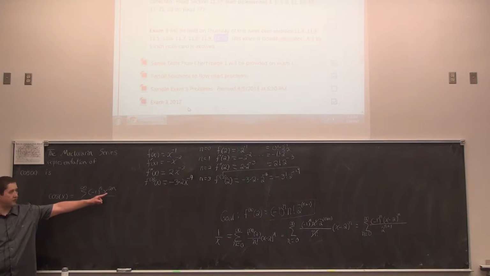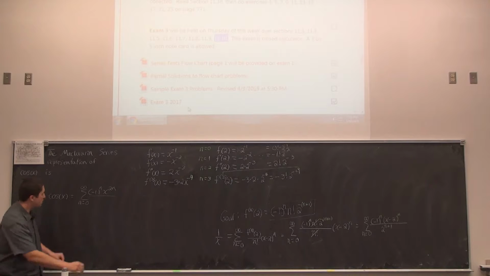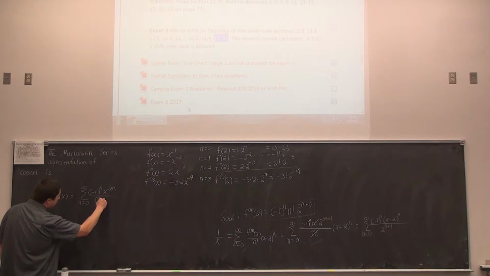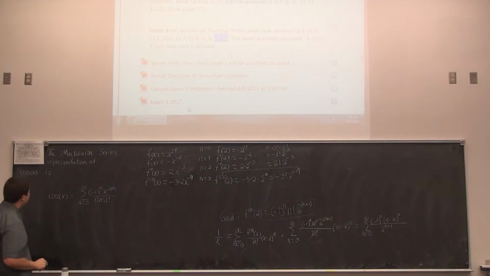That's a good way to memorize this set of formulas by putting in 2n, which is always even, divided by 2n factorial.